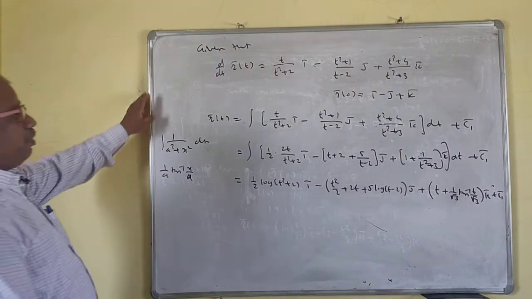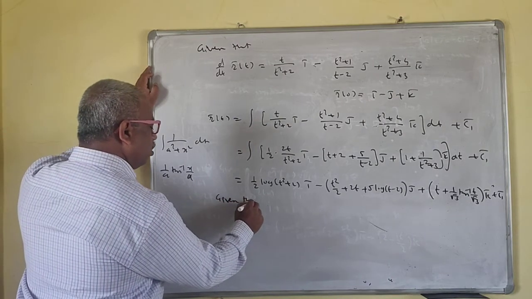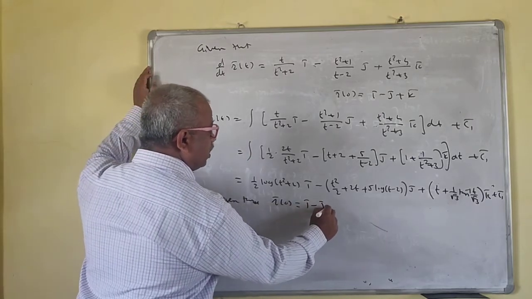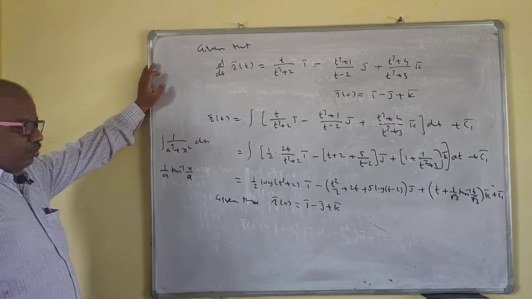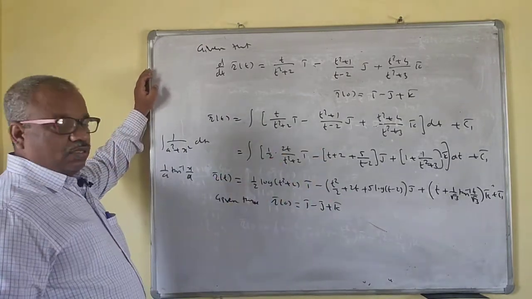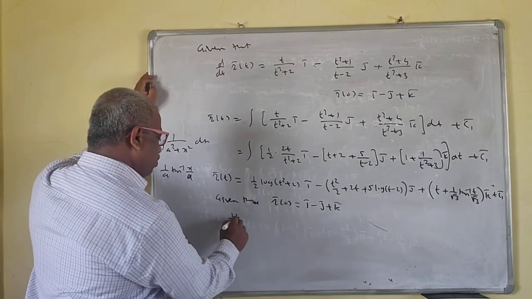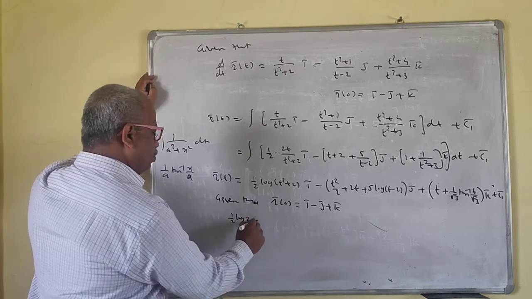Now given that r bar of 0 bar is equal to i bar minus j bar plus k bar. This is provided. So this is your r bar of t, we'll put t is equal to 0. So what happens then? This is 1/2 log of t square plus 2 with t equal to 0, log 2 i bar.